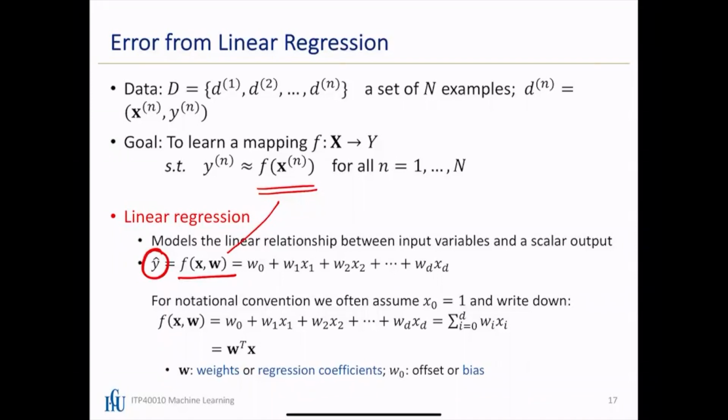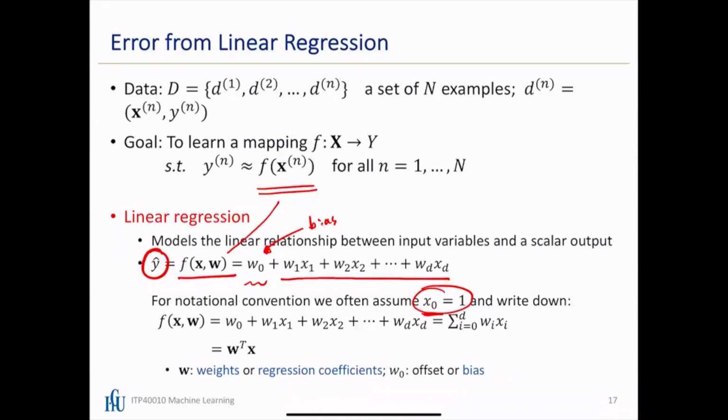And this is the aggregation of the weighted sum of the input along with a bias term. So the bias term is the intercept on the output space. But oftentimes, we even assume one additional thing: there is an additional input x0 that is always 1.